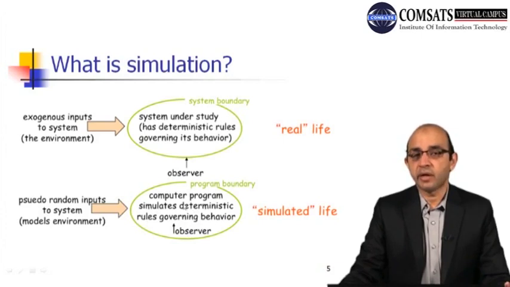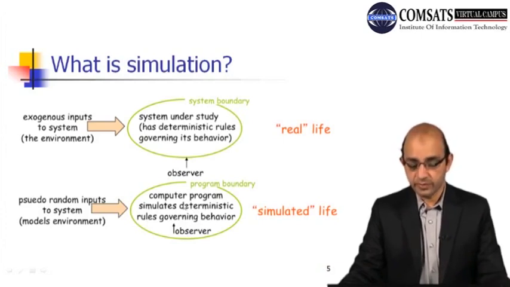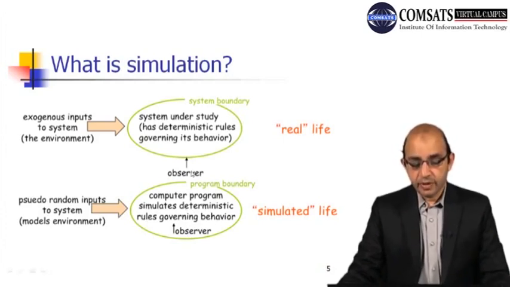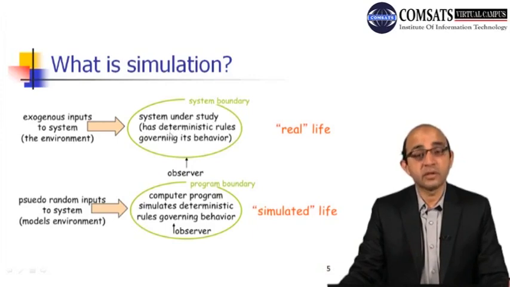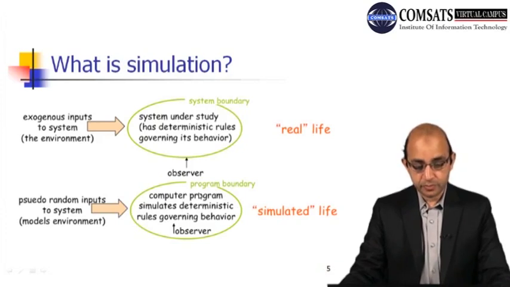And then this is the real one. We have input, and the system under study has deterministic rules governing its behavior. Then we again have boundary conditions over here, and here we have the program boundary.